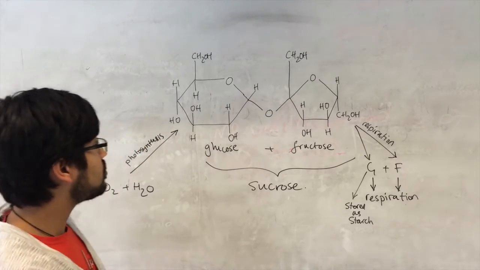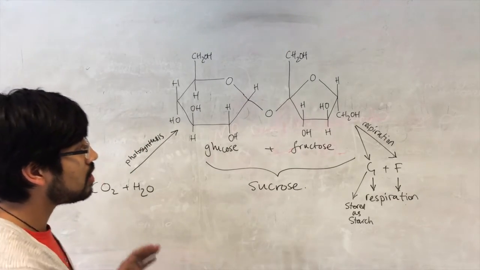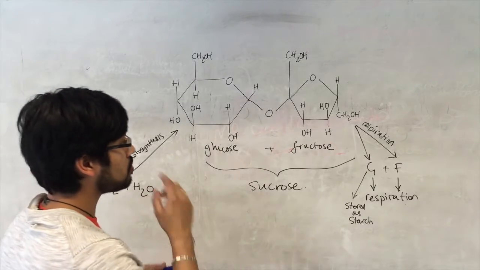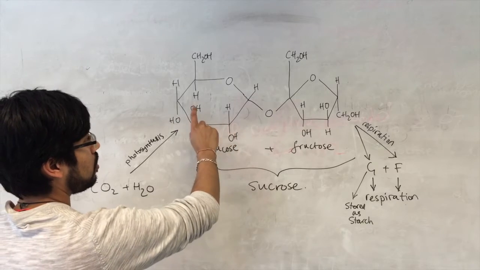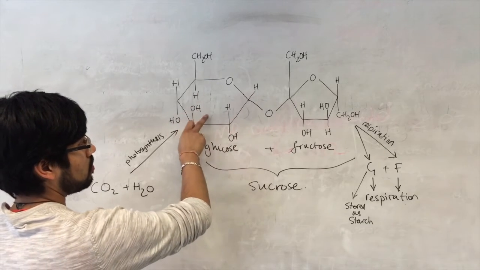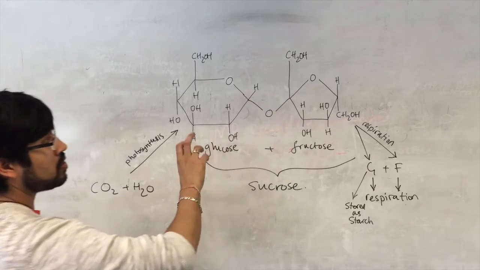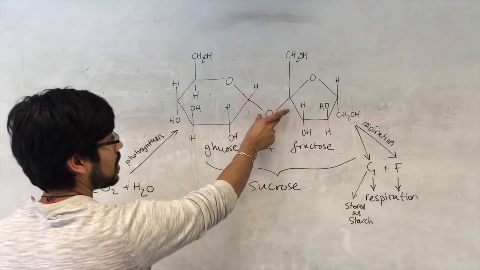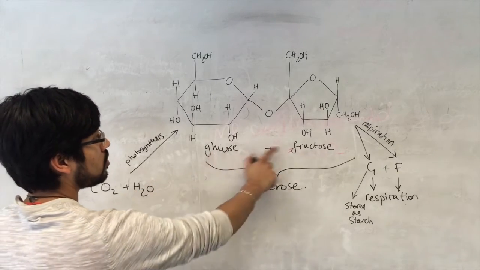All right, guys? So, just a quick summary, a background on sucrose. Sucrose is actually a disaccharide of glucose and fructose joined by a condensation reaction forming a glycosidic bond between the two monomers, glucose and fructose.